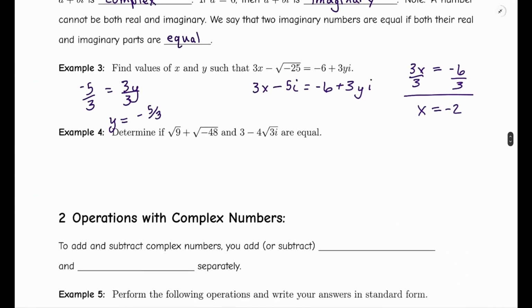Determine if the square root of 9 plus the square root of negative 48 and 3 minus 4 square root of 3i are equal. Well, I'm going to start with the bigger numbered one and see if I can simplify it to look like the smaller numbered one. So square root of 9 plus square root of negative 48, well, that'll be 3 plus i square root of 48. And now 48, I'm going to do a factor tree for.